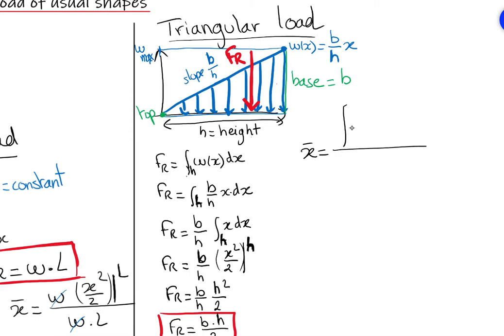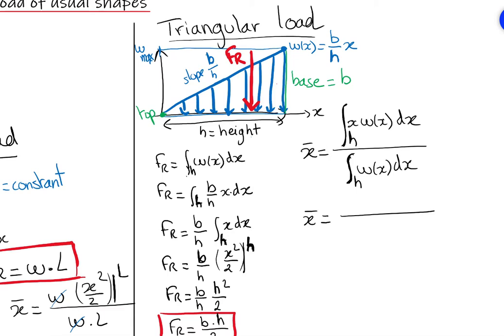It's equal to the integral of x w of x dx on H, because x varies from 0 to H in our case, divided by the integral of w of x dx on H. Okay, so x bar is equal to, and this one below, the integral of w of x dx, that's what we found is the FR. So it's BH divided by 2.